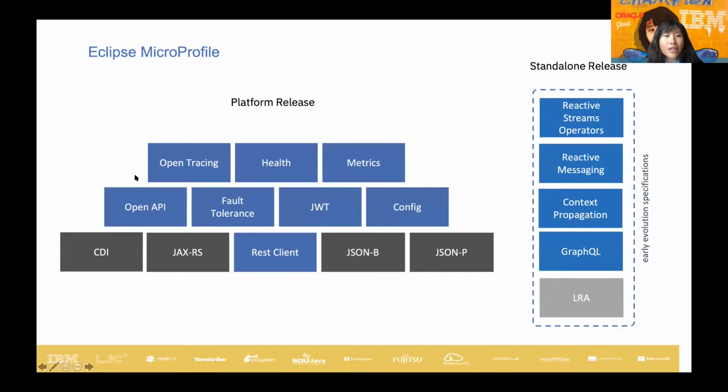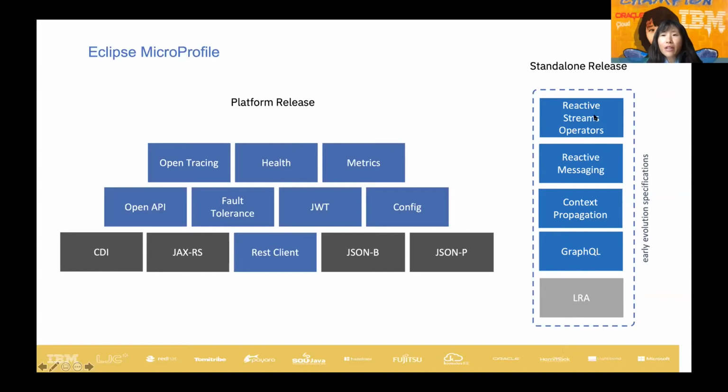In each release, when I say the MicroProfile 4.0 release, that includes releasing all of these building blocks. And then on the right-hand side are standalone releases, because these were created recently. We want to get more feedback before we decide to merge them into the platform release.